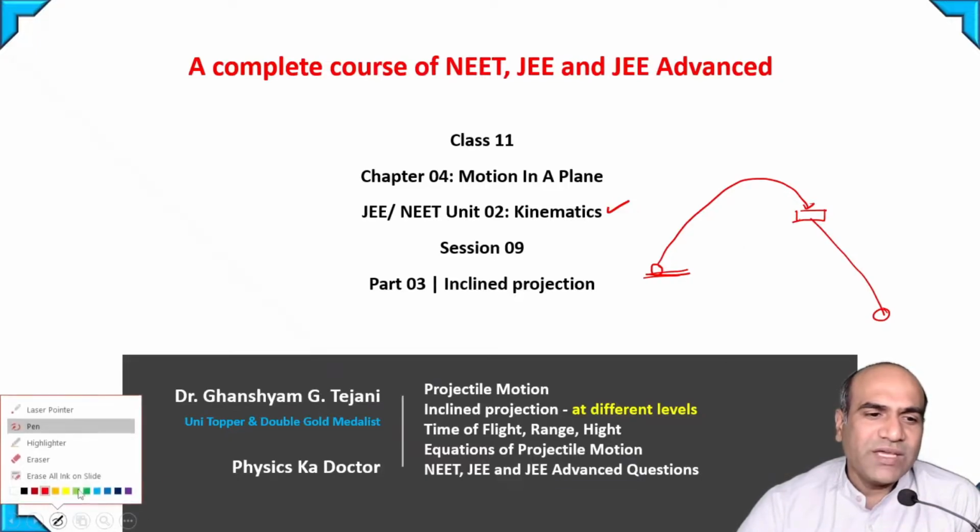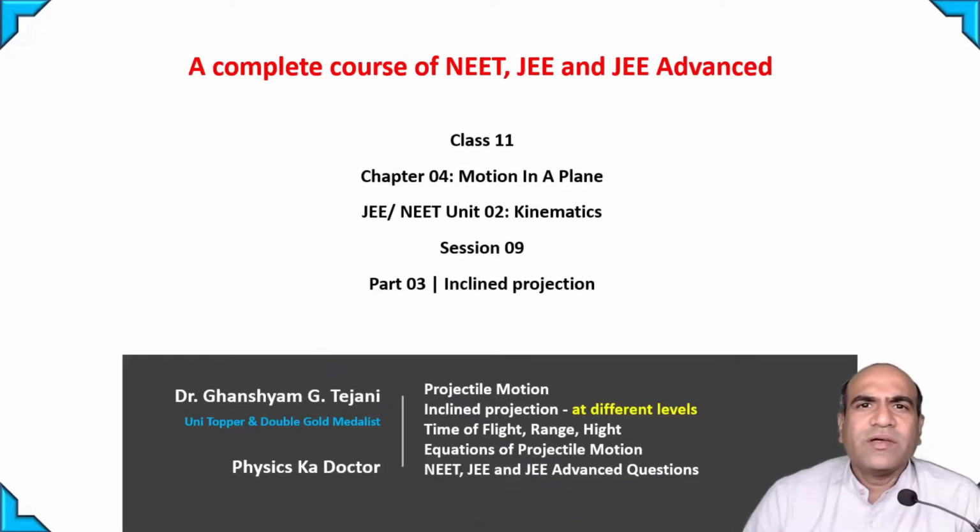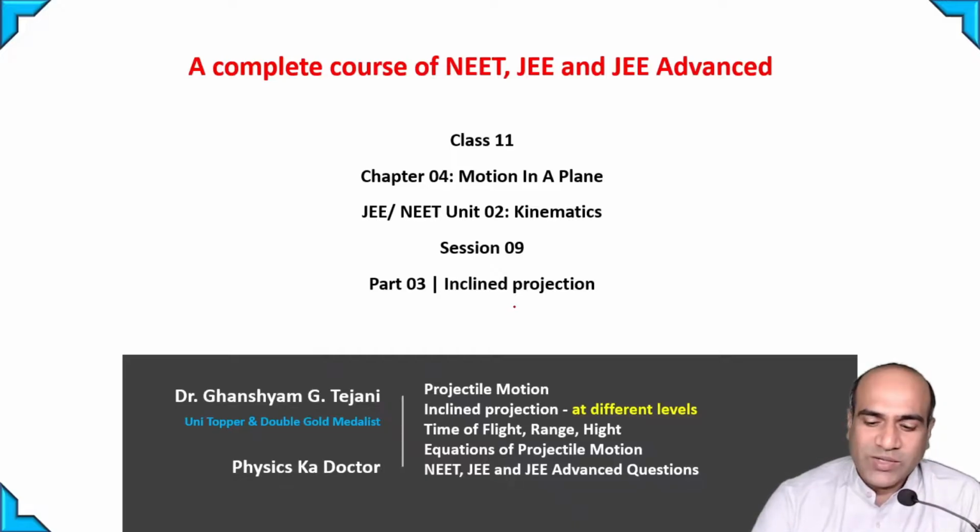We also studied projection in the horizontal direction. Also time of flight, range, height, we studied, and we will utilize these formulas as well as concepts here too, by solving various NEET, JEE, JEE Advanced questions, and we will build our base on it.